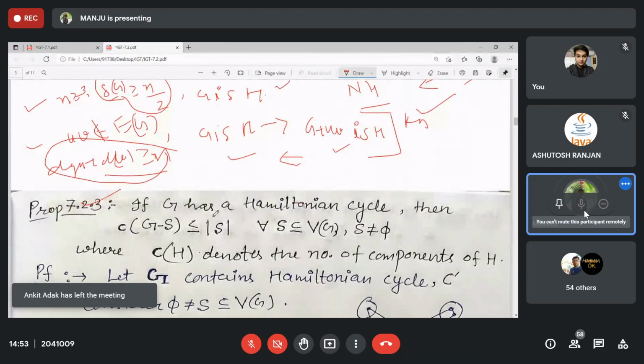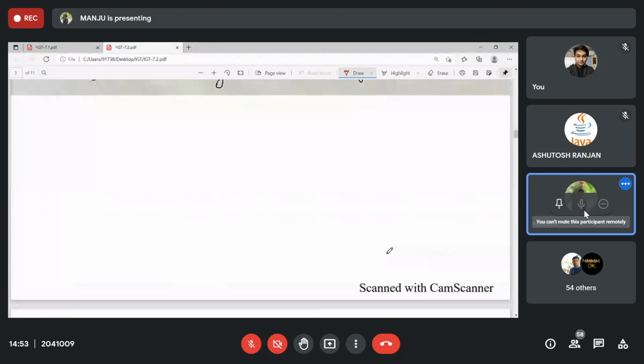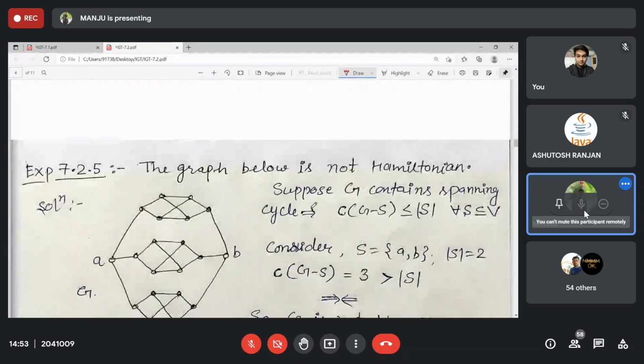So this one was the first one: if G has a Hamiltonian cycle, then the number of components of G minus S is at most the cardinality of S, for all S a subset of V(G), non-empty, right? If you want to show that some graph is non-Hamiltonian, what do you do? Take the contrapositive of the statement. The statement is: if Hamiltonian, then this occurs, right? The contrapositive means if this does not occur for some S, then G will not be Hamiltonian.